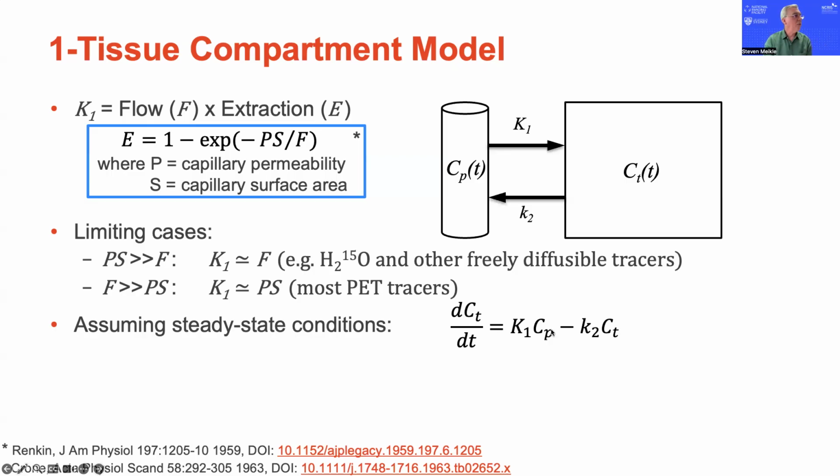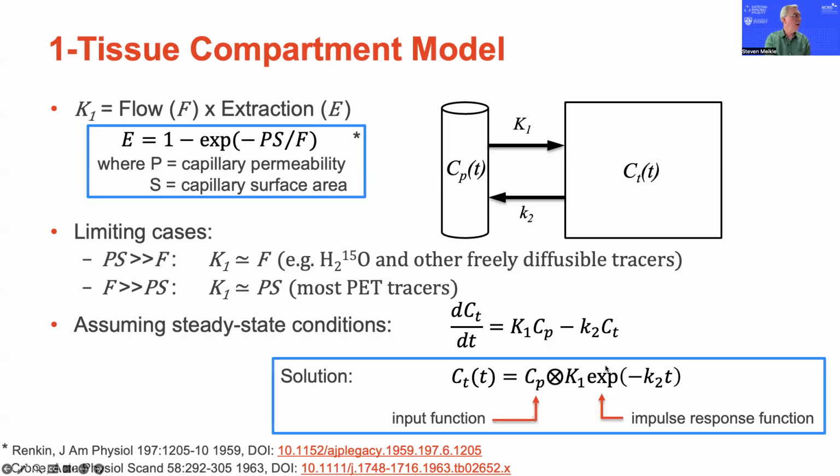In this particular model, it's equal to what enters the tissue space, that's K1 times the concentration in plasma, minus what leaves the tissue compartment, which is K2 times whatever the current concentration is in the tissue compartment. So that's your state equation. It's a first order differential equation, so it has a nice, neat exponential solution.